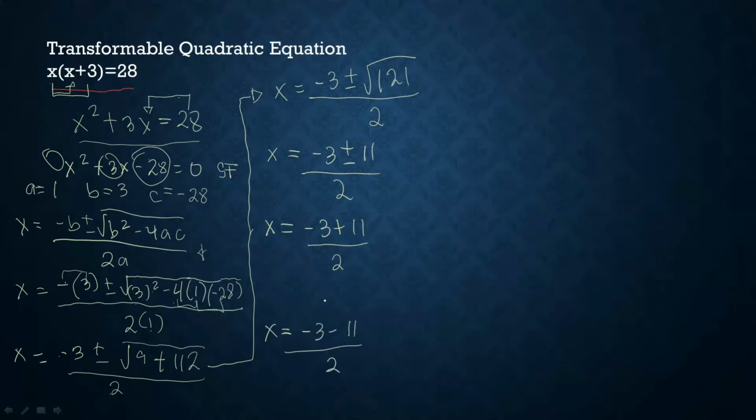Now, let's simplify this. Negative 3 plus 11, it is equal to positive 8 over 2. Then x is equal to positive 4.